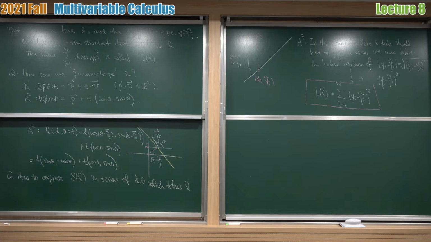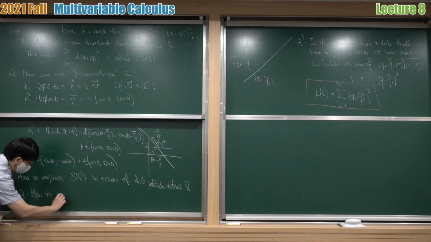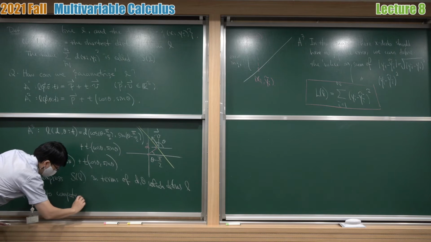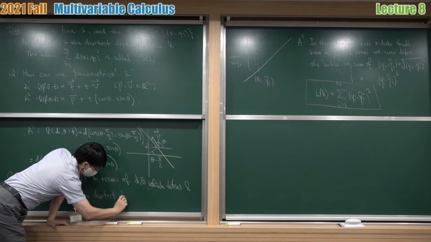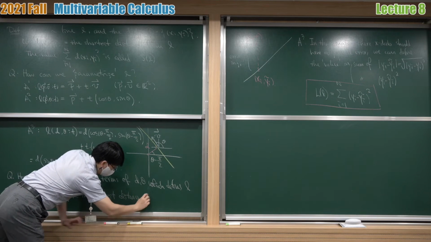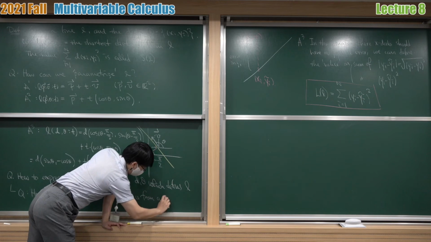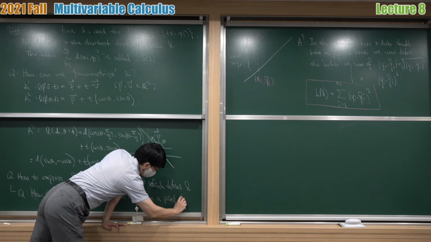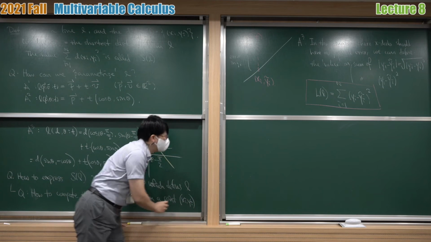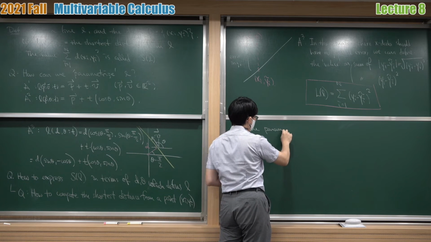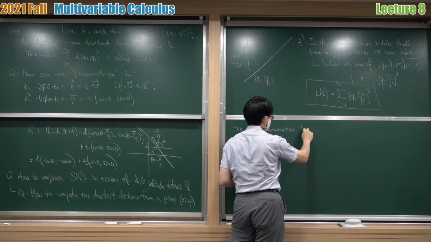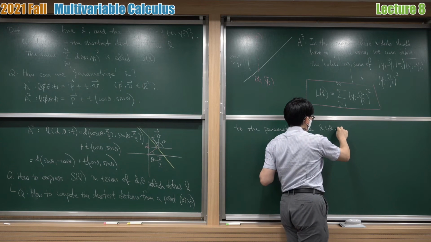So we need to know how to compute the shortest distance from a point, let's say (xi, yi), to the parametric line L(d, theta, t).